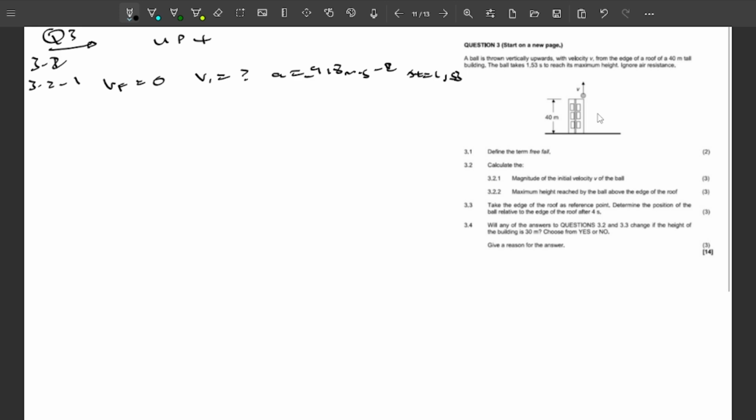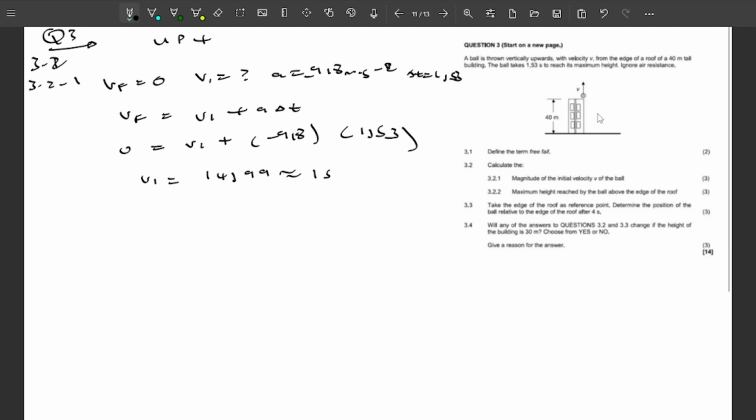Now we can get into the solving part. I'm using the equation vf equals v initial plus a change in t. After substituting, your equation should look like this, and your v initial will be 14.99999, which is equivalent to 15 meters per second.